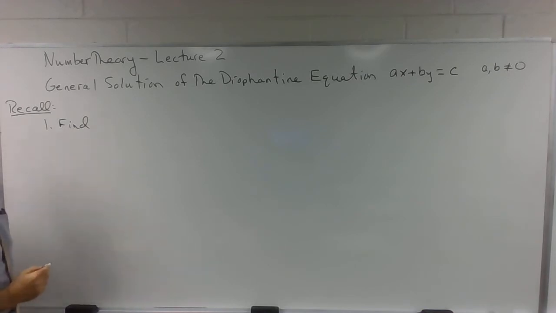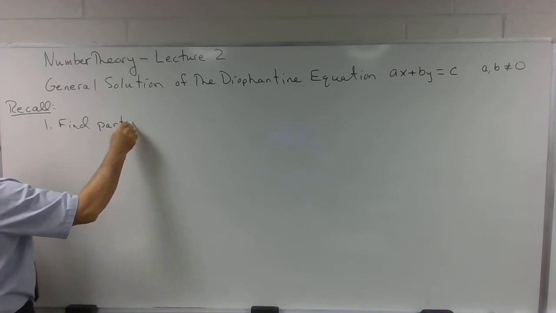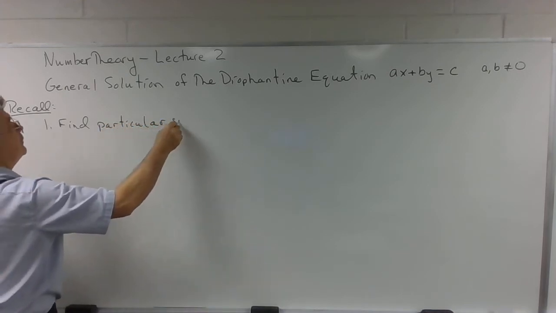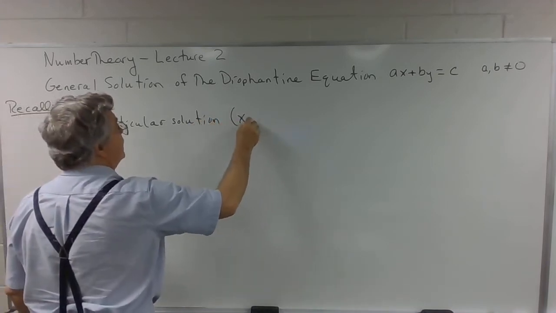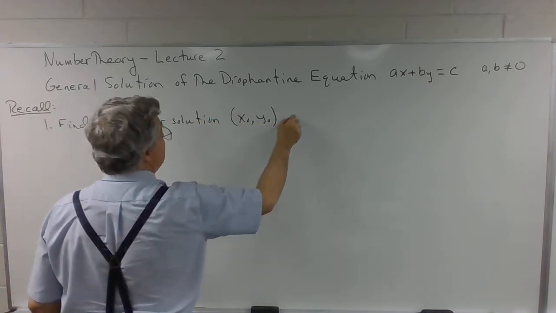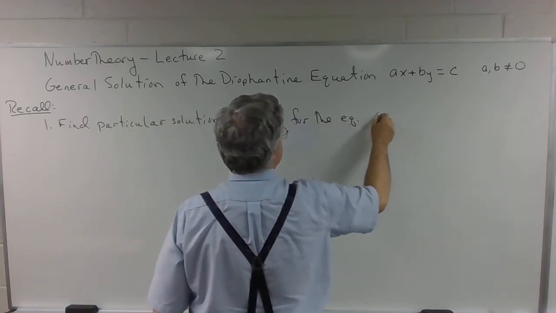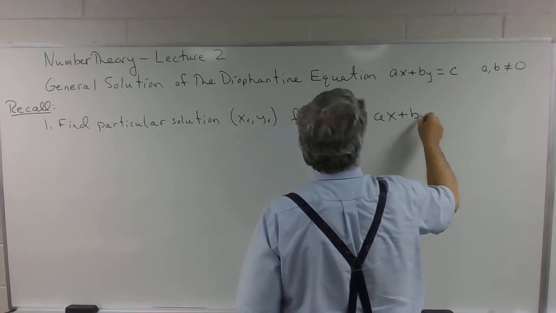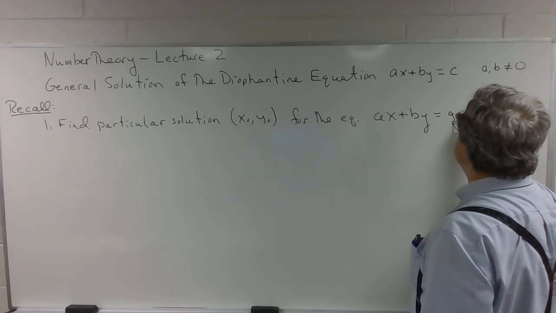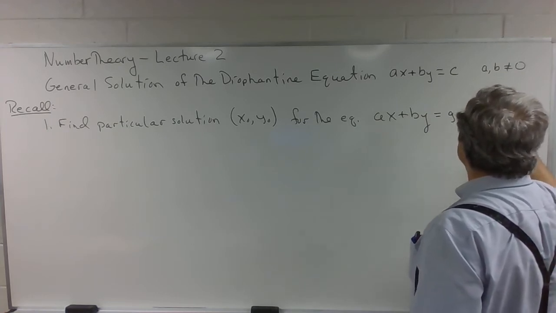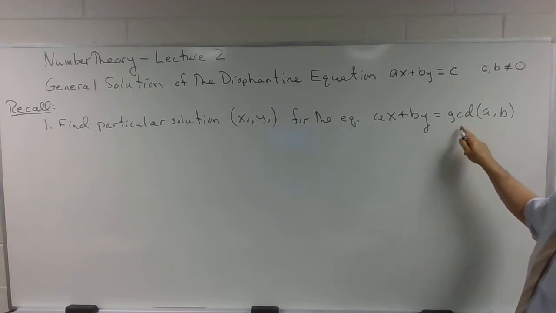We've learned how to use the Euclidean algorithm to find a particular solution x naught, y naught for the Diophantine equation ax plus by equals the greatest common divisor of a and b. We know how to do this.